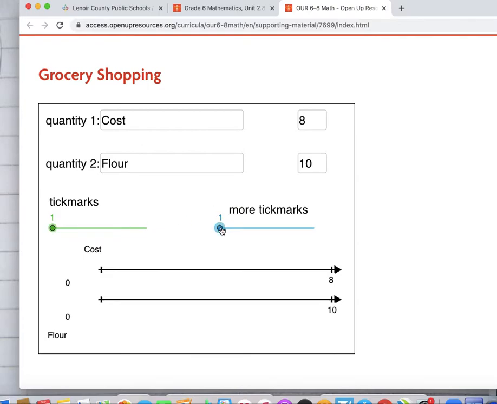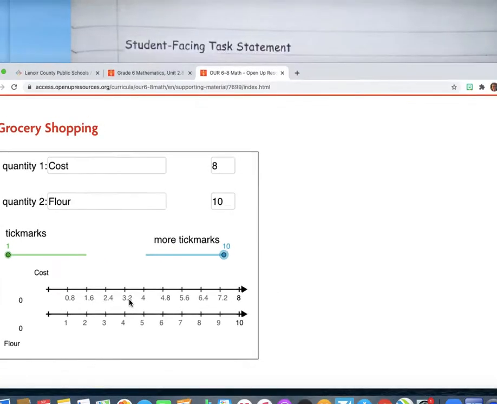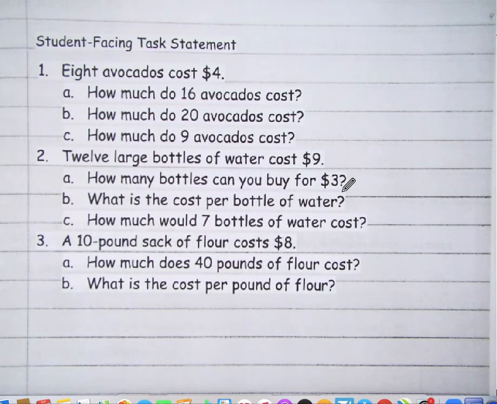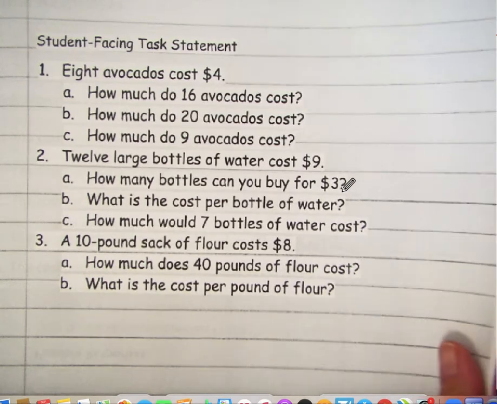Okay, so how much is 1 pound? Well, let's see, how much is 1 pound? 1 pound is going to be 80 cents. Okay, all right. So let's go back to our slideshow.